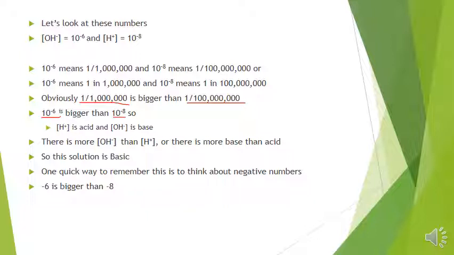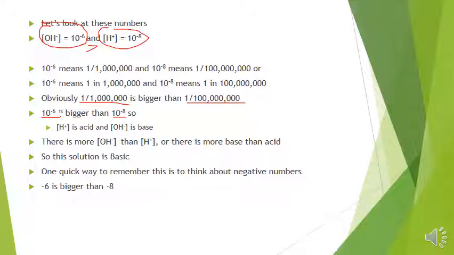So 10 to the minus 6 is bigger than 10 to the minus 8. That means there's more base than acid, and so we say that this solution is basic.